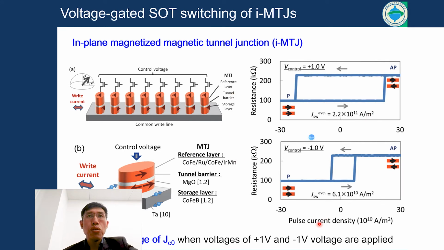Three years ago, Toshiba proposed this mechanism. They proposed to use in-plane magnetic tunnel junction, and when we apply a voltage on the magnetic tunnel junction, the current density can be lowered 2 or 3 times. In this case, the power efficiency can be improved. So this is for in-plane magnetic tunnel junction.